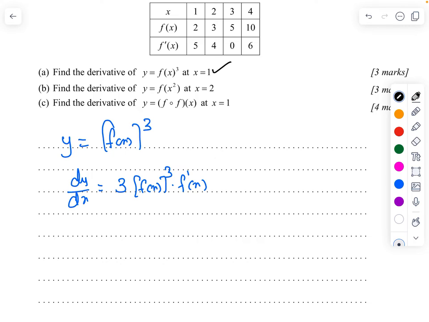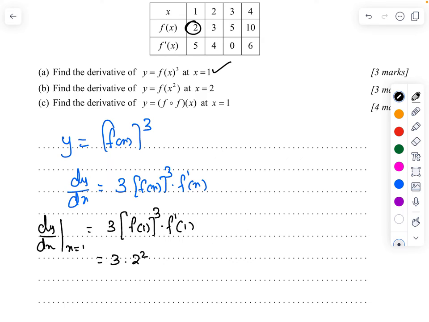Now I want dy by dx at x equals 1. So it becomes 3 times f of 1 squared times f prime of 1. So which is 3 times 2 squared, since f of 1 is 2 and f prime of 1 is 5, times 5. So the answer is 60.